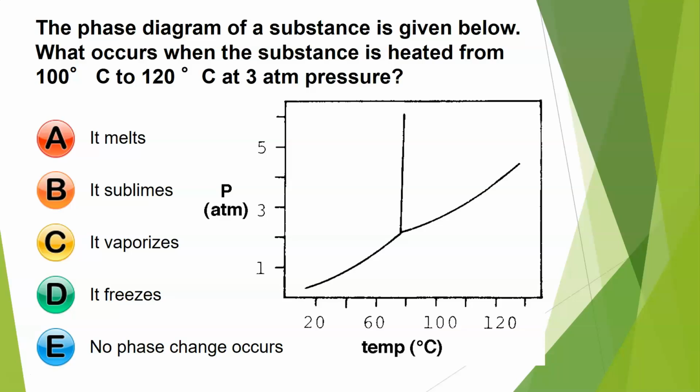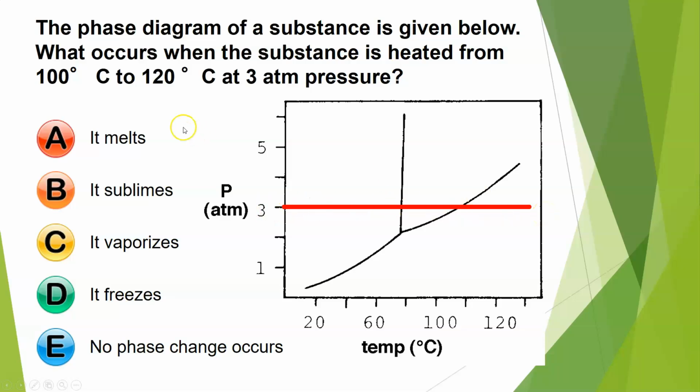The phase diagram of a substance is given below. What occurs when the substance is heated from 100 degrees Celsius to 120 at 3 atmospheres of pressure? What I suggest on a question like this is that you draw lines to help you find your points. So we're at 3 atmospheres. So I just draw a line going across.